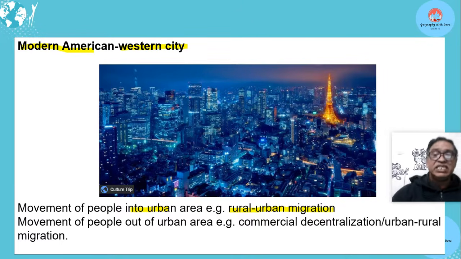But as the city developed, the important point to note about modern American cities, because in settlement geography you covered cities, postmodern cities, etc., is that movement now is people out of the urban areas. So we're having urban rural migration, moving from urban areas to rural areas because the city is becoming congested, or we're getting these little satellite towns developing on the outside. That's the main thing you need to know.